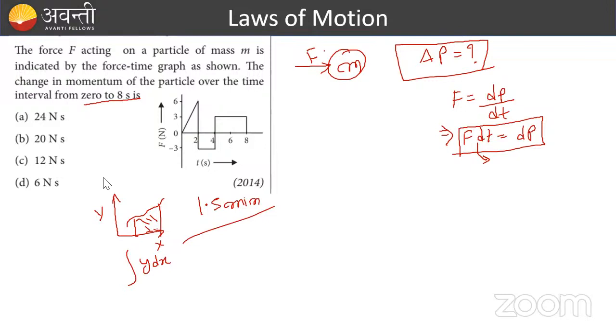Here along the y axis there is force, along the x axis there is time. So F delta T will deal with the area, done. And F delta T is equal to what? Impulse. So here if you calculate the area of the graph from 0 to 8 seconds, starting from here to here, then you will get the value of what?